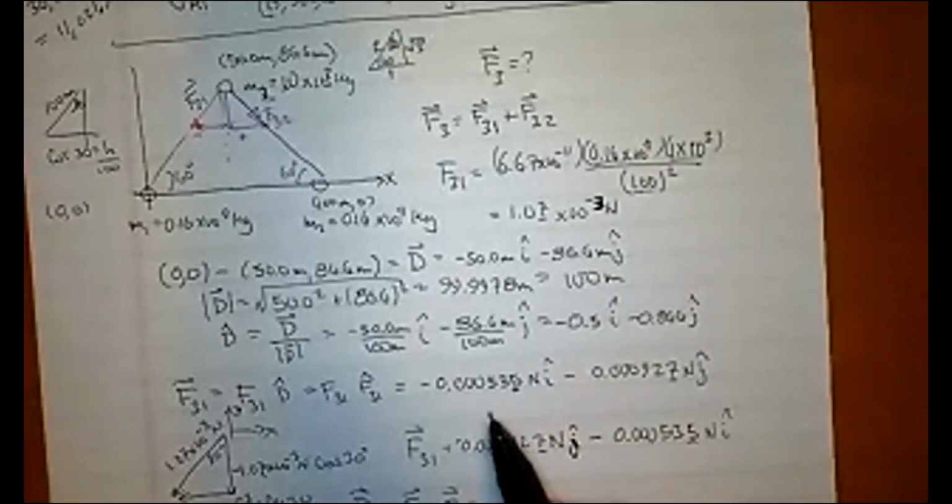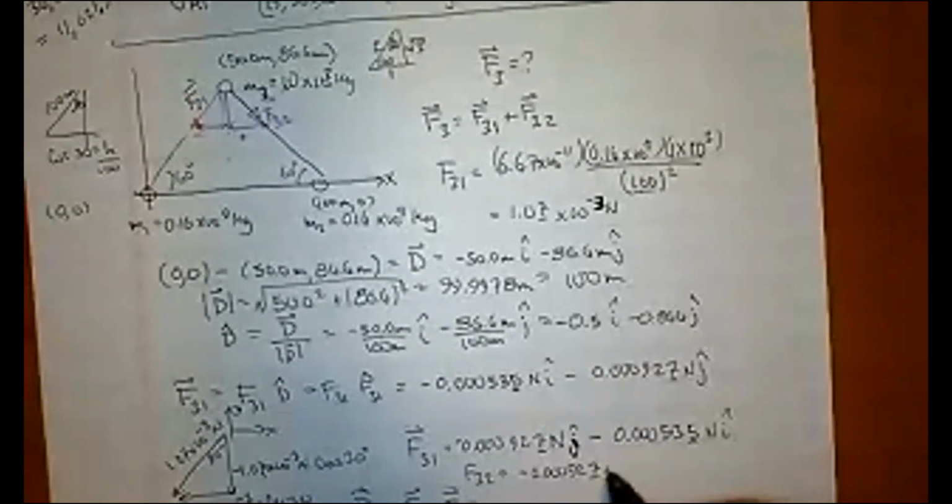F3, which is really F31 plus F32, is equal to, noticing that basically what's going to happen is this one's going to be negative, but F32 is going to be positive. So F31 is going to be negative 0.000927 newtons J hat. And this one's going to be plus 0.000535 newtons I hat.